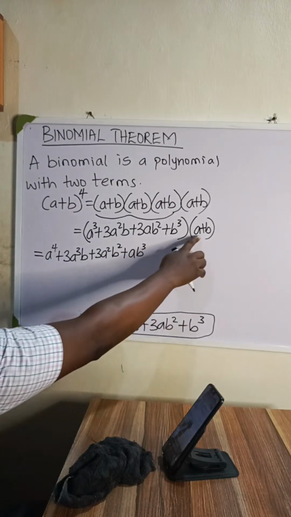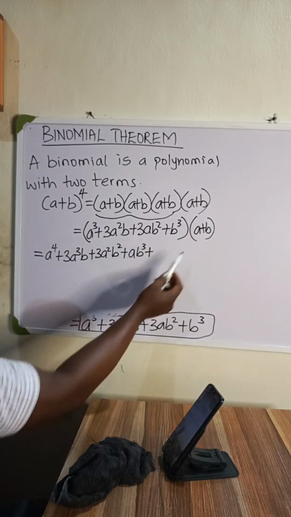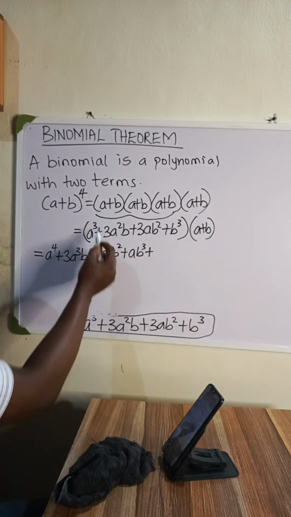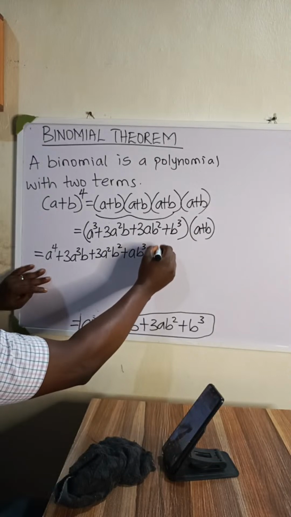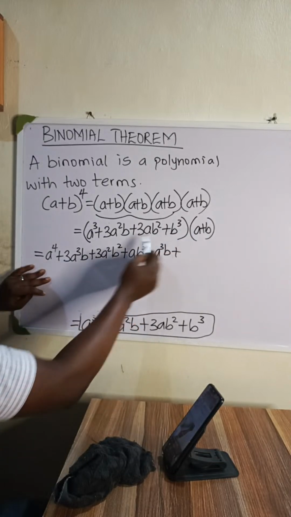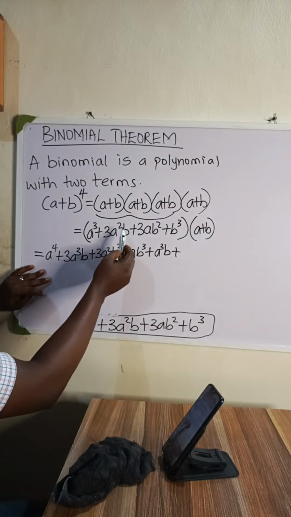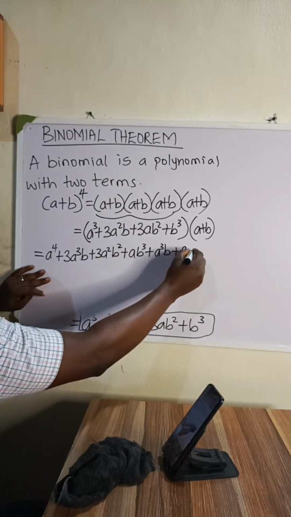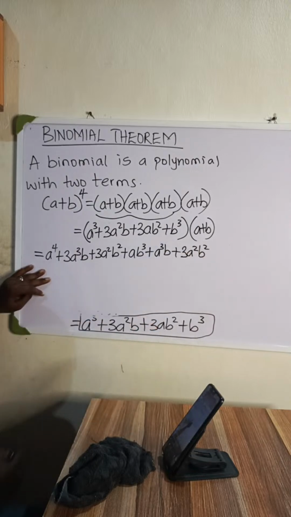So we are done with a. We go to b. b multiplied by a cubed is going to give us a cubed b, plus b multiplied by 3a squared b is going to give us 3a squared b squared, right?